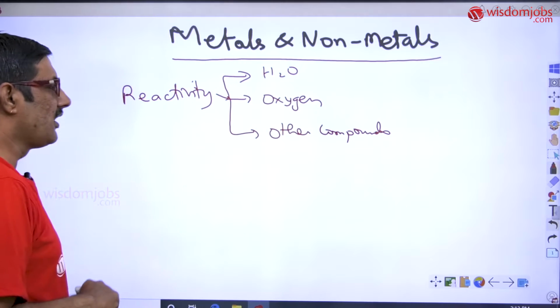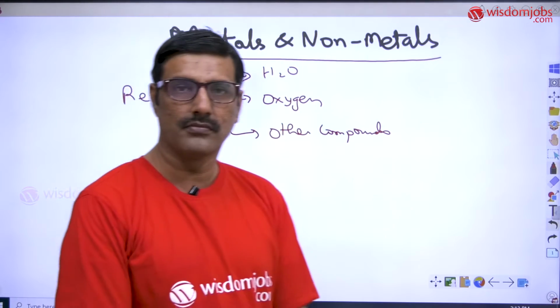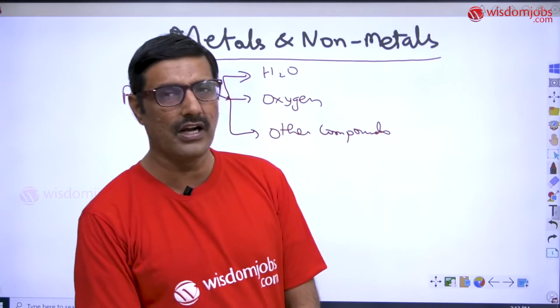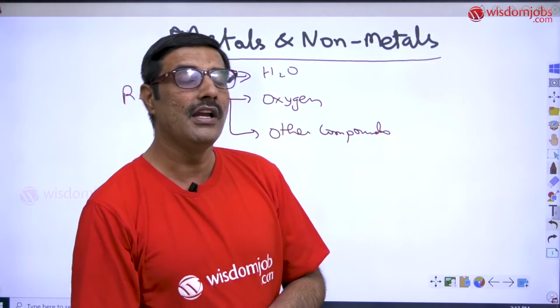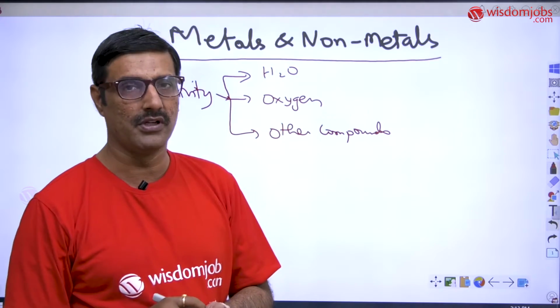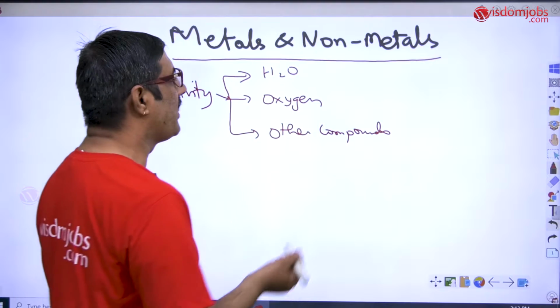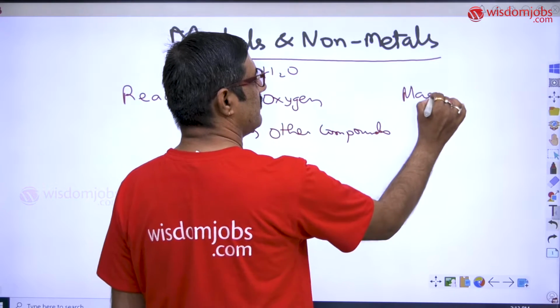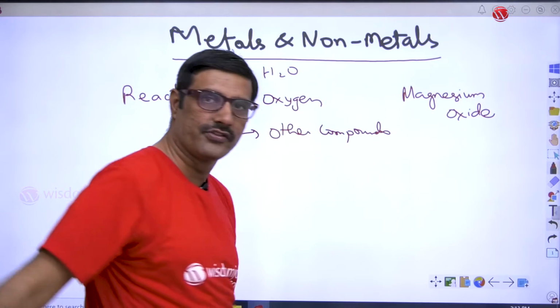Now let us come to oxygen. Take a magnesium ribbon and slowly start heating it, or supply heat energy to it. What's going to happen? A white powder is formed. That white powder is magnesium oxide.